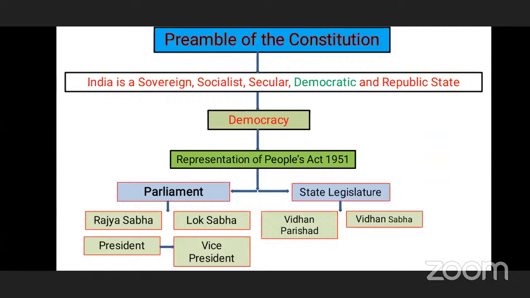We have already discussed in the previous lesson the Indian Constitution. We established a democratic government. The Representation of the People Act 1951 is a very important act passed by the Parliament of India.